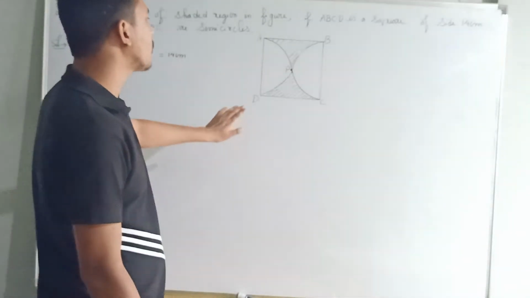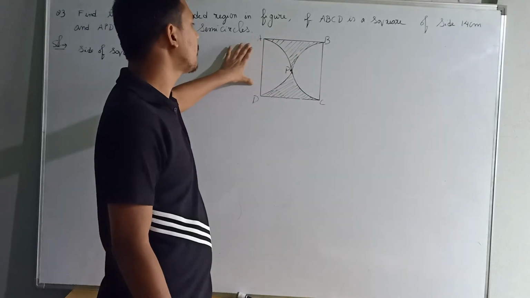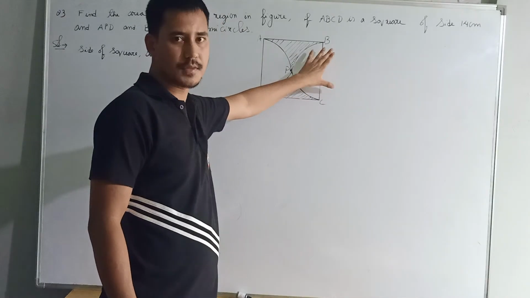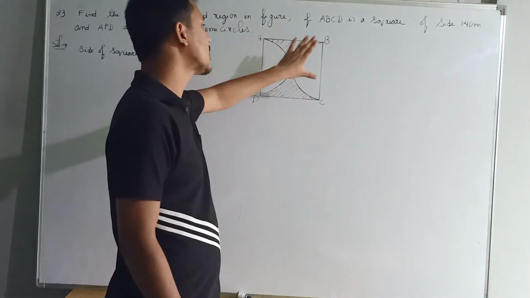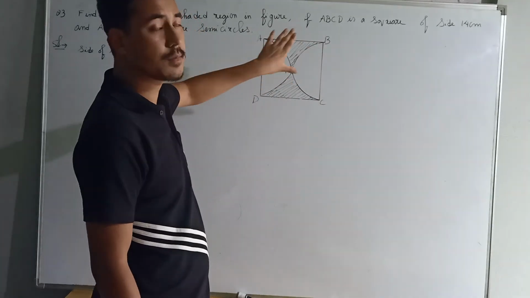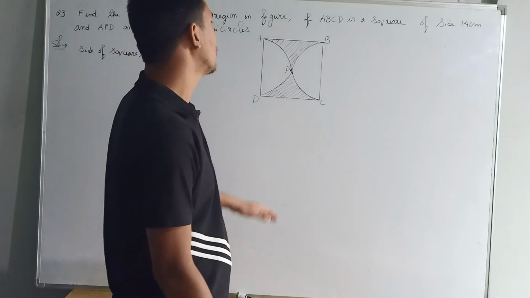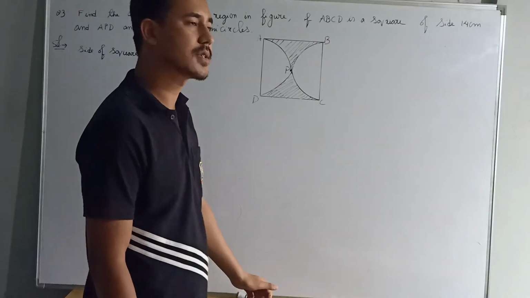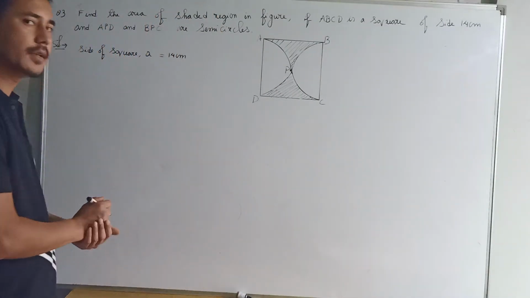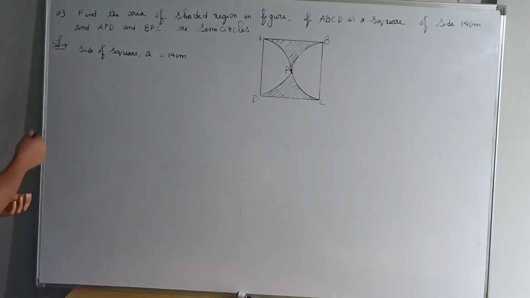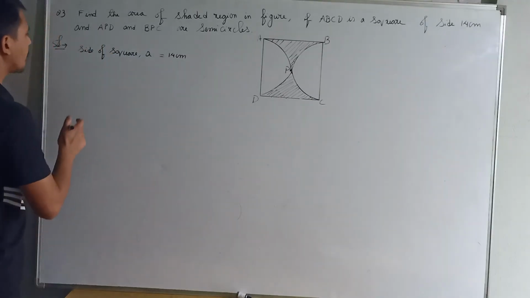Because both of these semicircles have the same diameter, right? Because they have the side of the square as their diameters, and the side of the square is 14 centimeter. So the diameters of the semicircles are equal. Okay, so in that case, the two semicircles are equal.